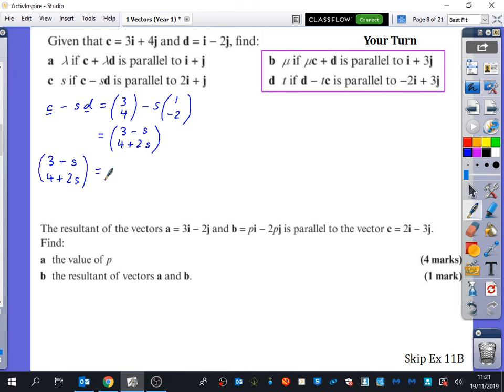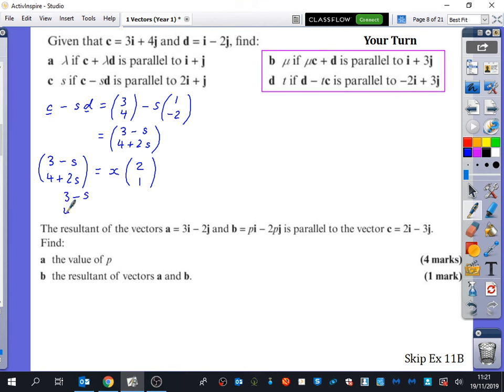I want it to be parallel. What do I want it to be parallel to this time, Shahan? 2 and 1. And I'm going to still use my x to show that this is a multiple of this vector. Actually, let's still do that extra one.